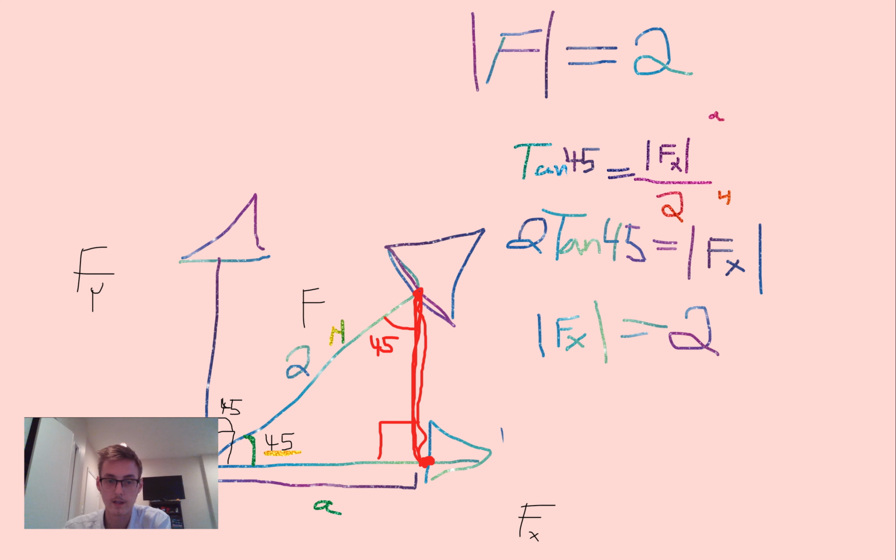And since it's directly in the x direction here, you could say that this vector is 2. If we label this axis i and the y-axis j, then it would be 2i.